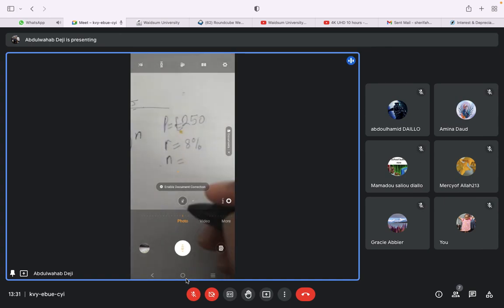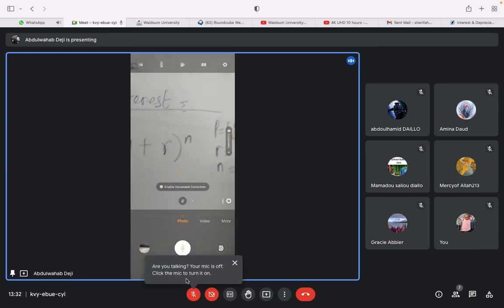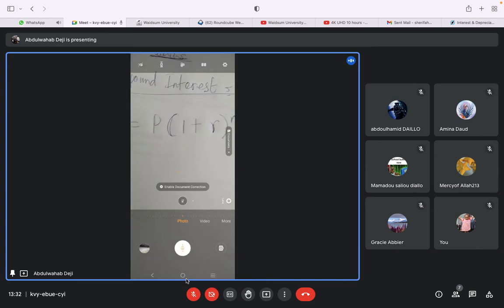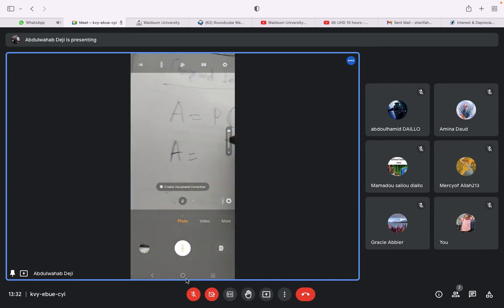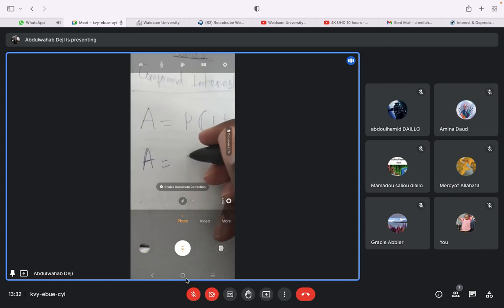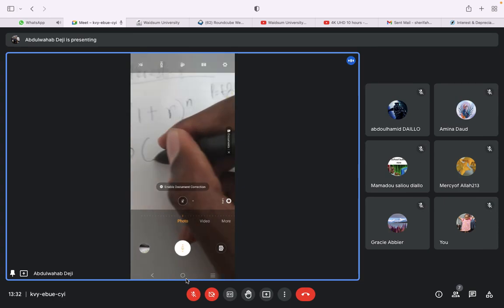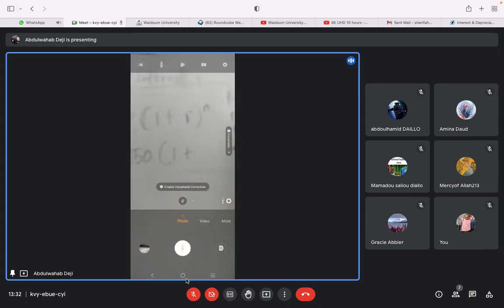So we said the number of years is 6. Now let's find the amount after 6 years. So amount will be equal to the principal, which is 250, into 1 plus the rate. Our rate is 8%, and this 8% in this case is the same as 8 over 100.